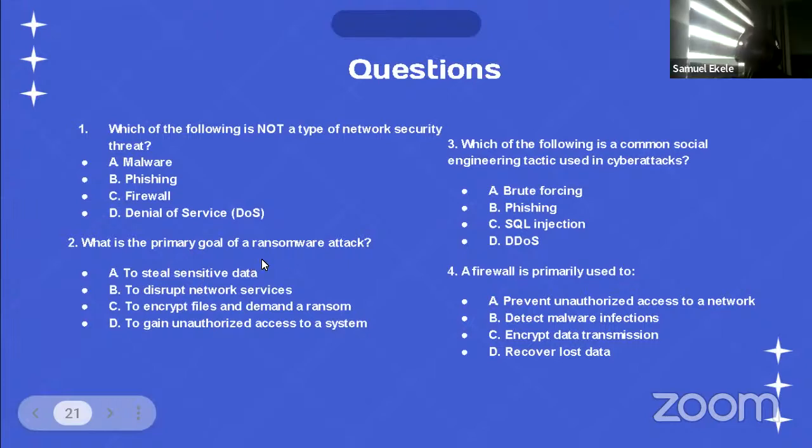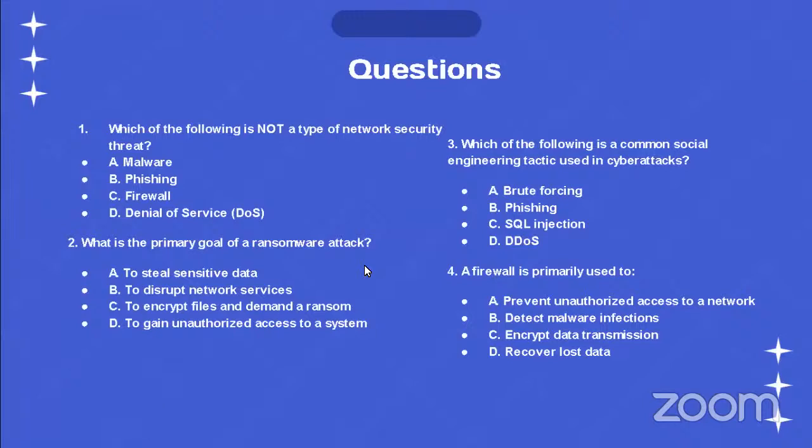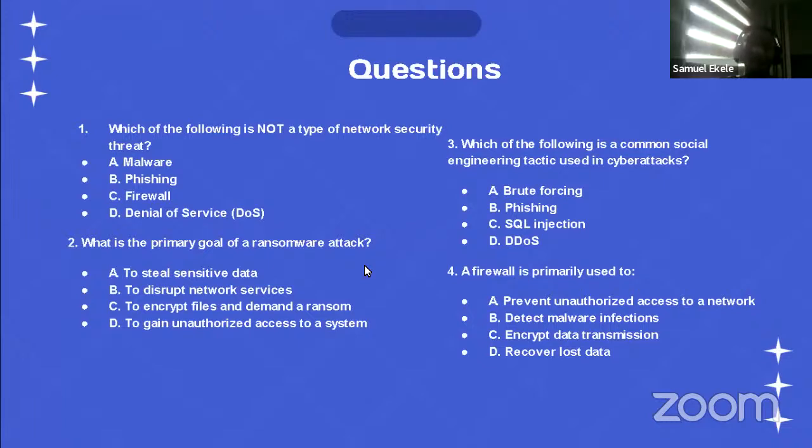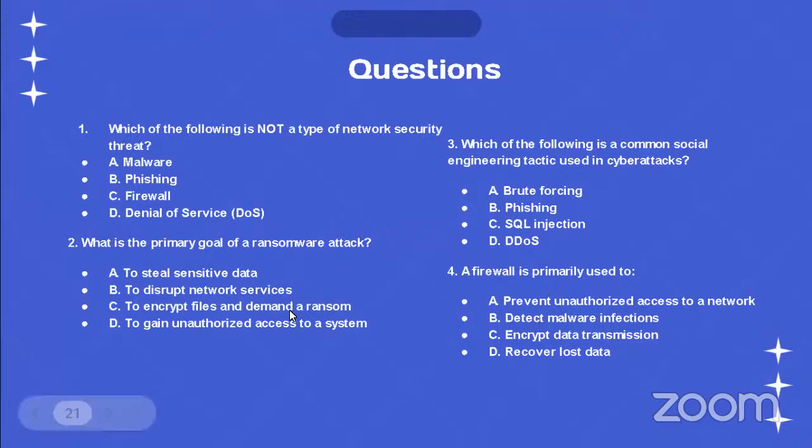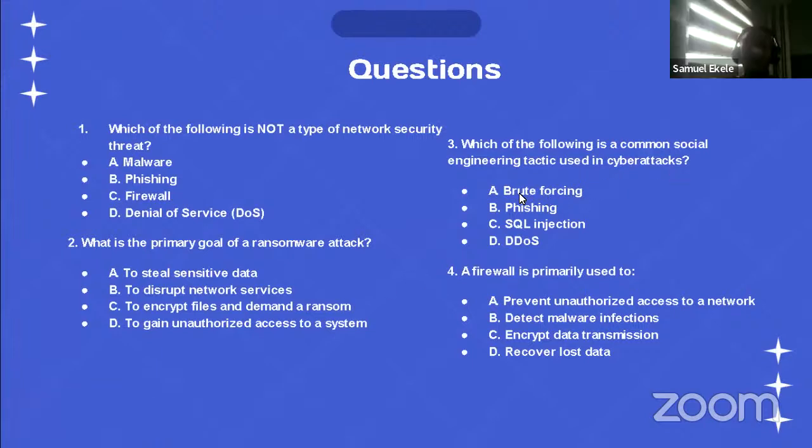All right. What is the primary goal of a ransomware attack? A, to steal sensitive data, B, to disrupt network service, C, to encrypt files and demand a ransom. Encrypt files and demand a ransom. That's correct. Which of the following is a common social engineering tactic used in cyber attacks? Brute forcing, phishing, SQL injection, or denial of service.